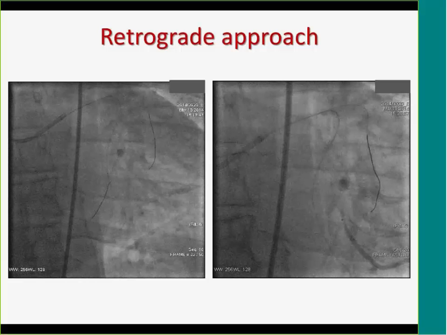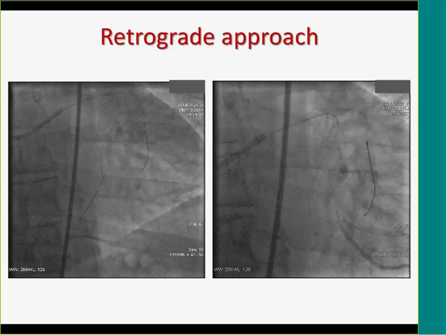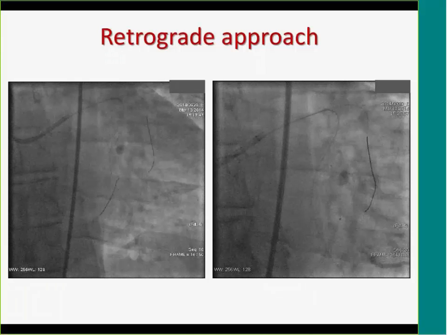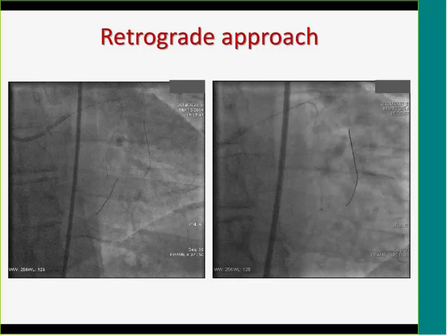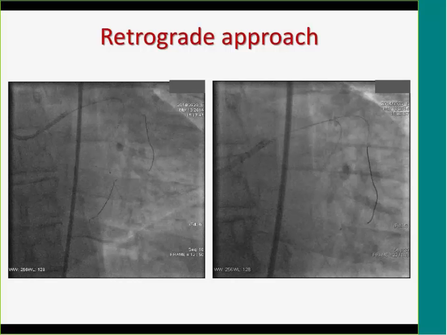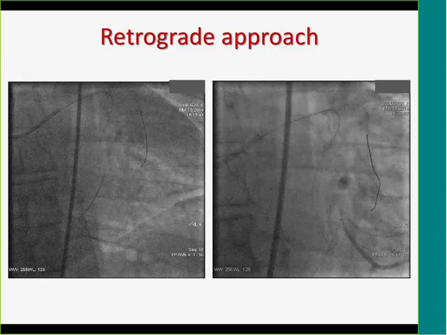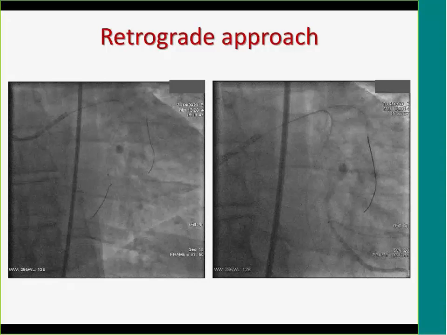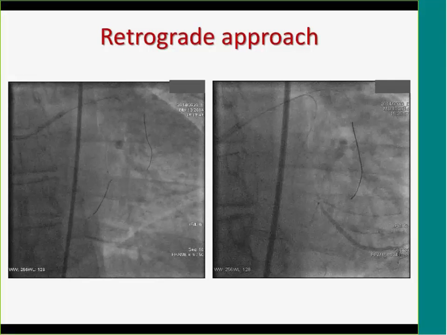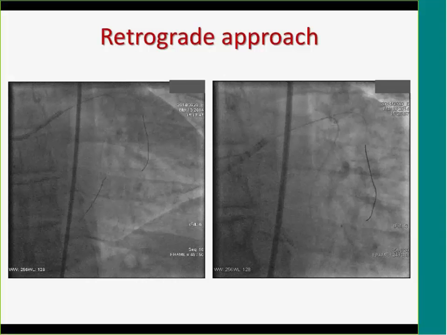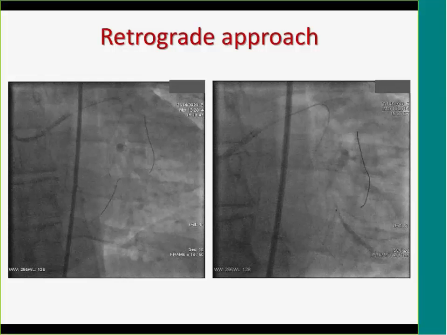So after a temporary balloon dilation of the LAD lesions and putting a safety wire into the LAD, I could find the connection between the LAD and the PD with the Sion wire through the first big septal.